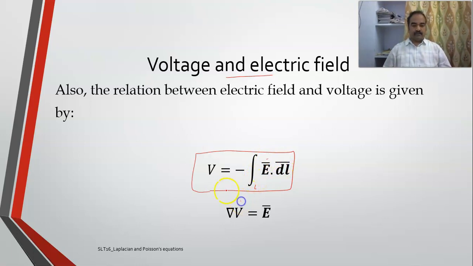Now, this in its differential form can be represented in this fashion. The gradient of voltage is the electric field intensity vector. Sorry, there must be a minus symbol here. Yes, this is the minus symbol. So these two equations I will now employ in order to develop the Laplace and Poisson's equations.